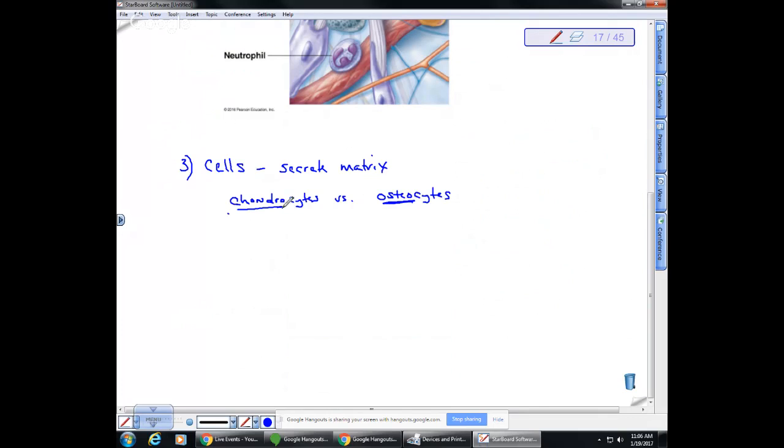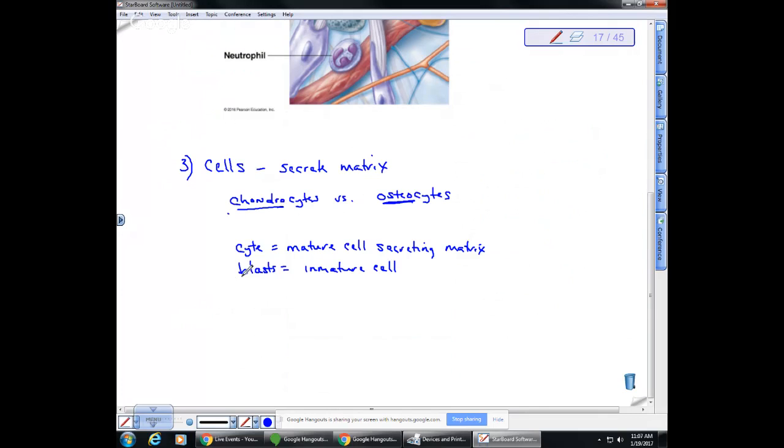We can also look at the ending, so not just the beginning, but the ending gives us information. So cyte means that it is a mature cell secreting matrix. Blast, so we could have chondroblasts, means that it is an immature cell.